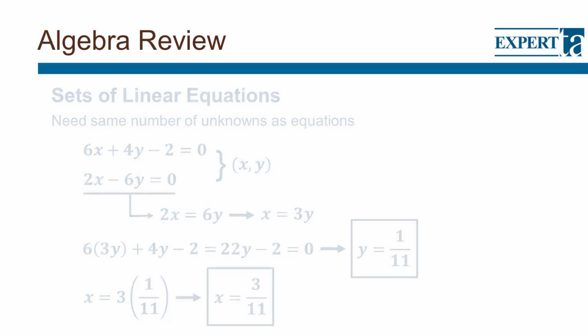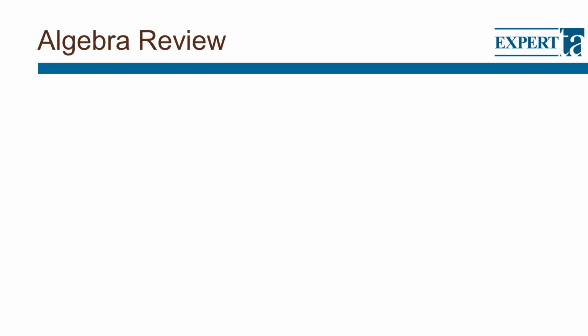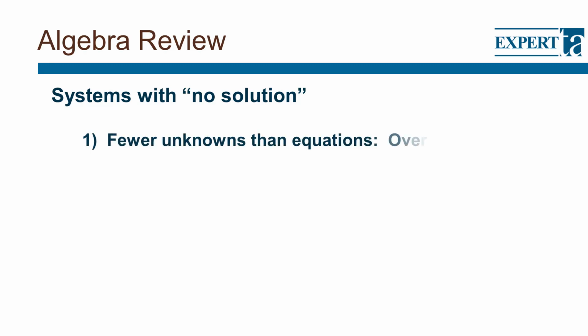I just showed you a system of equations with a solution. Some systems don't have solutions, and these are systems which violate a certain number of unknowns with a certain number of equations. I'm not going to go into too much detail, but I will give you the overview. The first situation is that if there are fewer unknowns than equations, the system is overdetermined. Typically there are no solutions which will satisfy every single one of the equations.